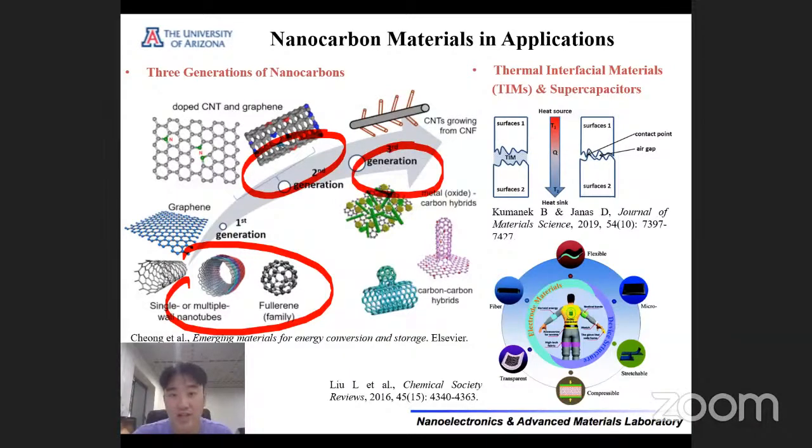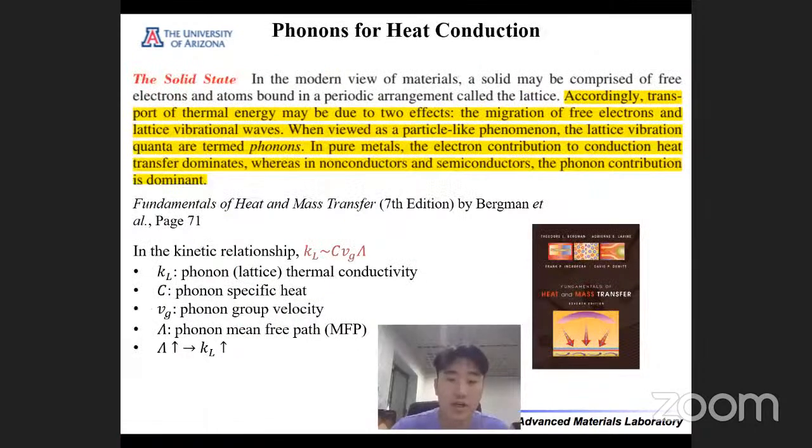Due to the high thermal conductivity, the nanocarbons are used as thermal interfacial materials, and because of the high surface to volume ratio and flexibility, the CNTs have good potential in supercapacitors. Before our work, the phonon concept should be noted for heat conduction.